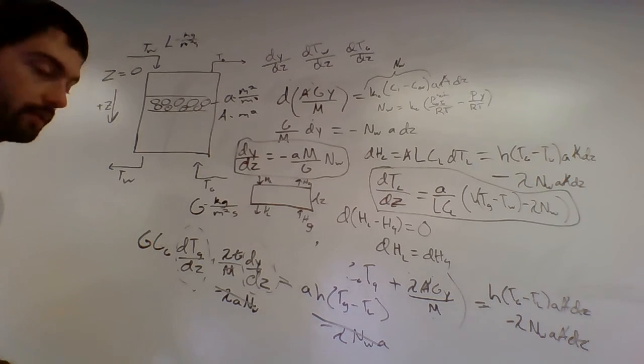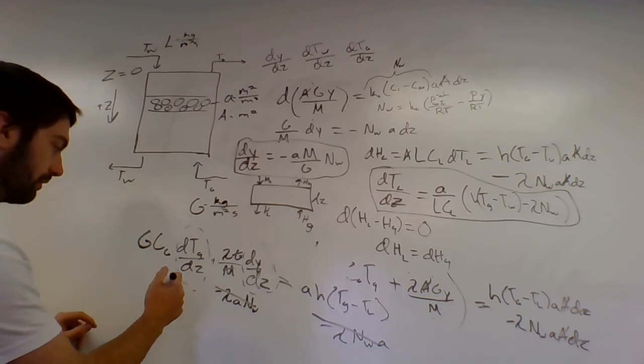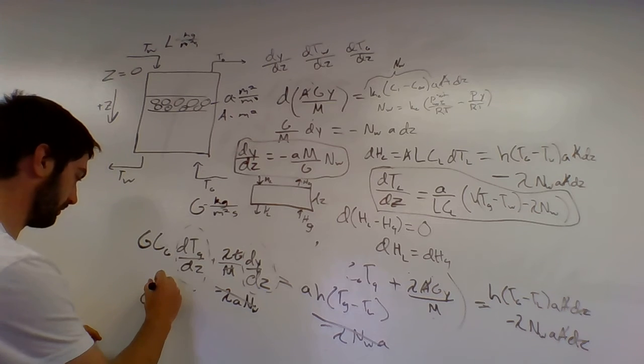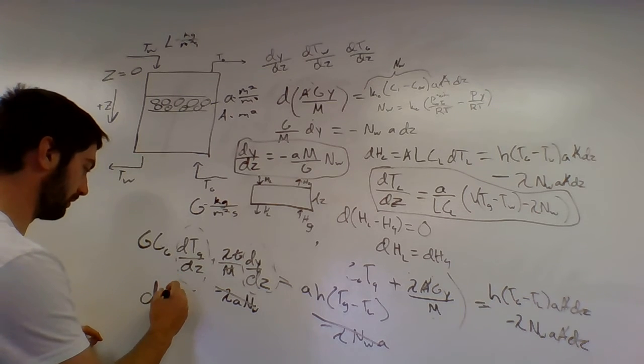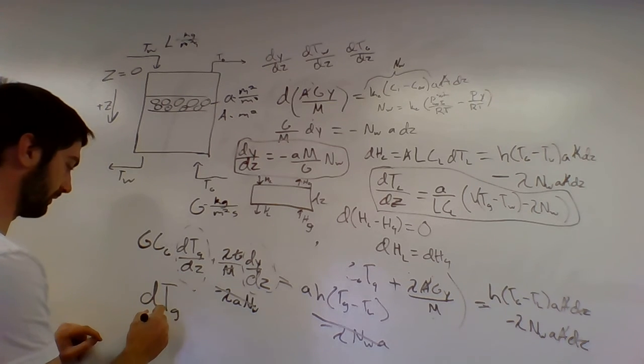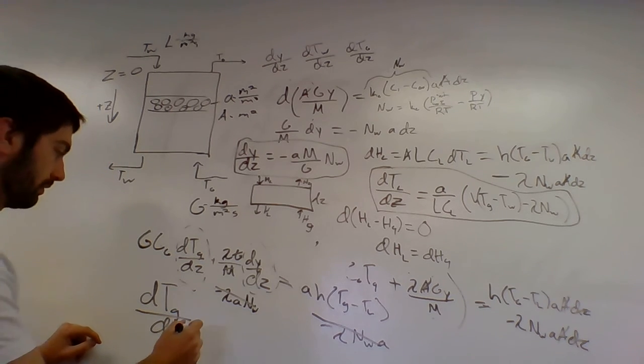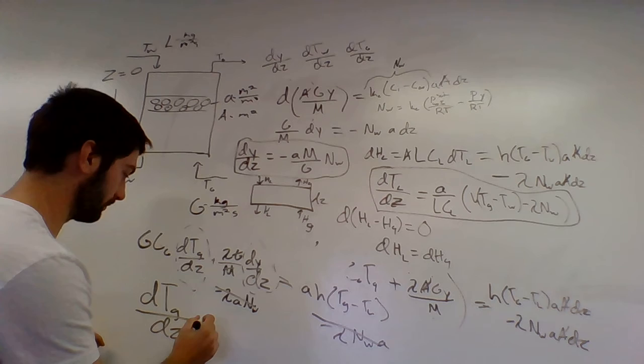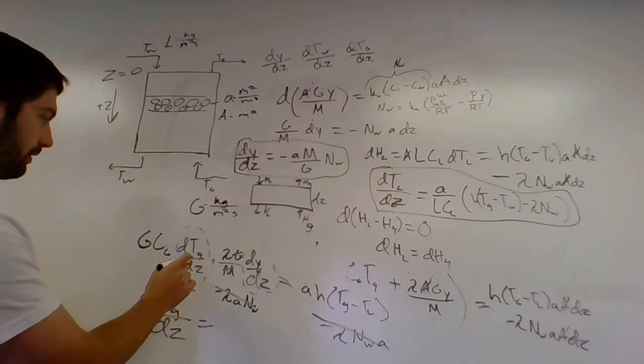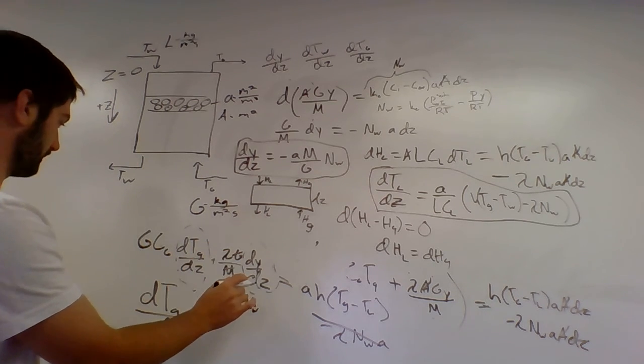I can write that neater down here. So we have the change in temperature of the gas with respect to position, and we have that equal to, this term's gone.